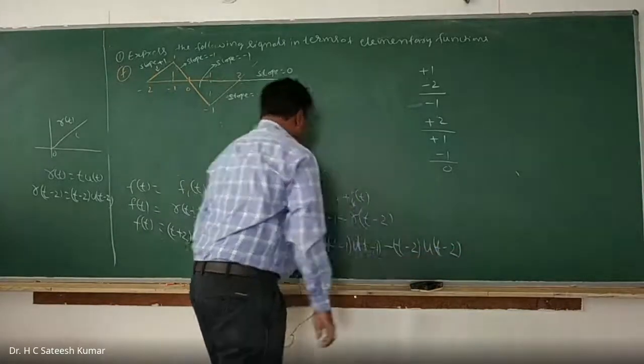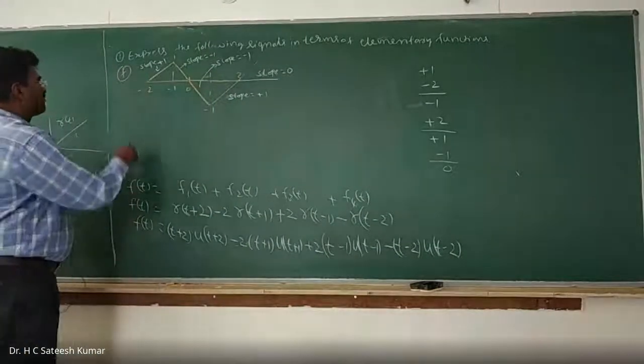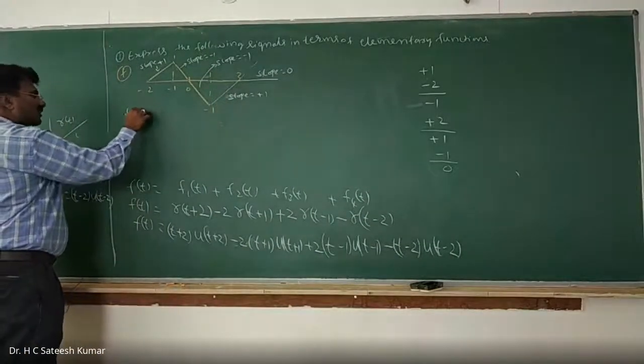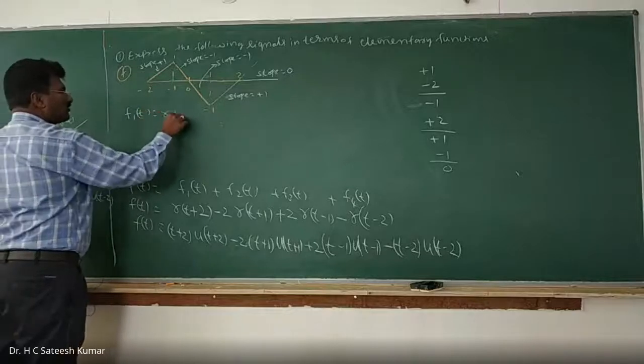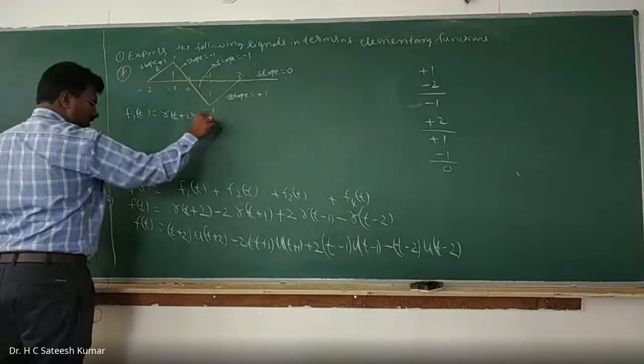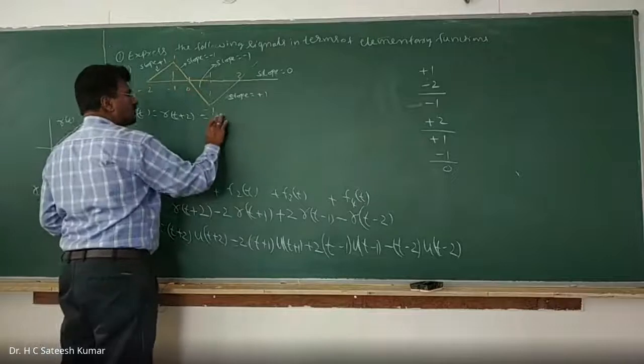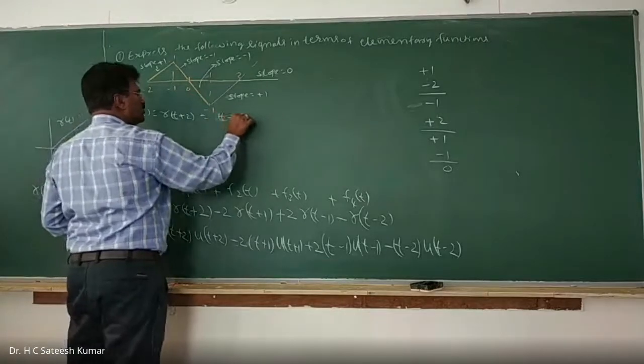Do the reverse engineering now. Go back. What is f1 of t? f1 of t is equal to R of (t plus 2), which is nothing but (t plus 2) into u of (t plus 2).